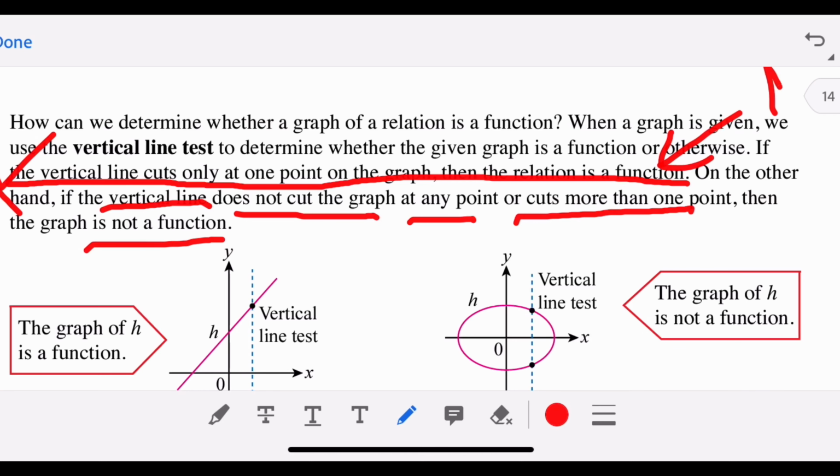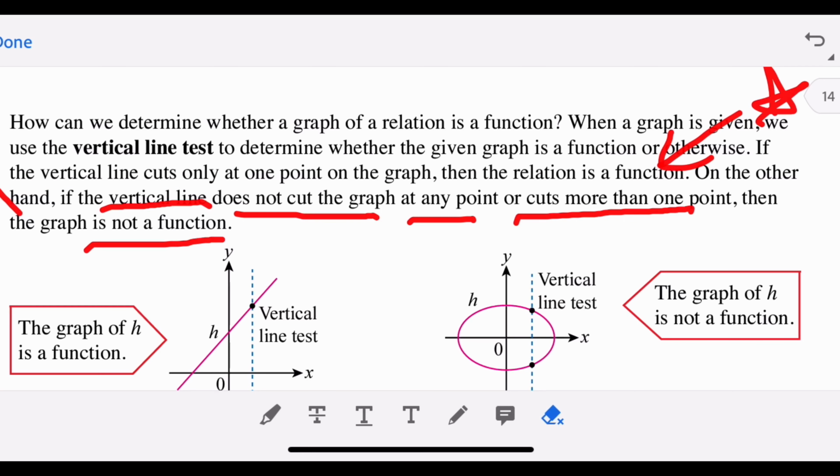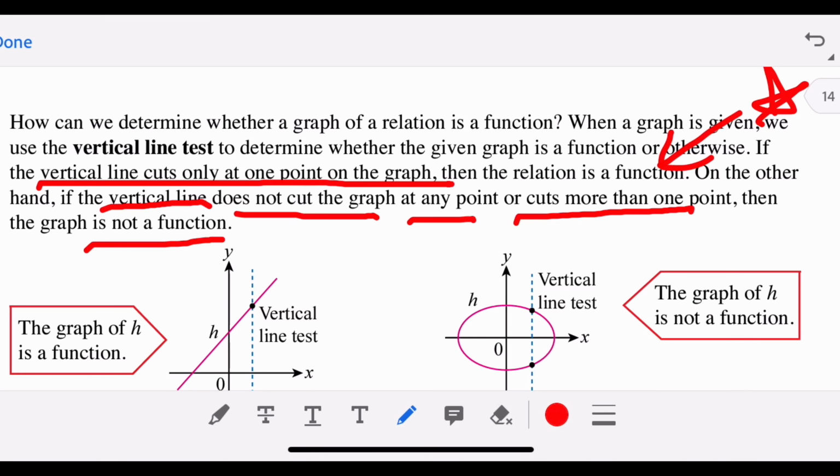Please remember the sentence again. If the vertical line cuts only at one point on the graph, then the relation is a function. If the vertical line does not cut the graph at any point or cuts more than one point, then the graph is not a function.